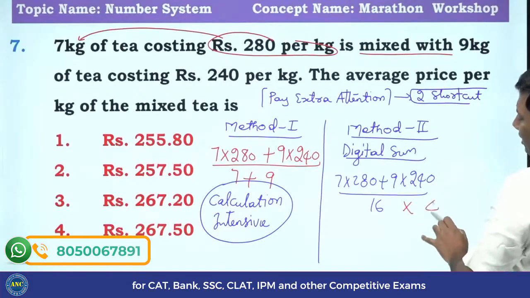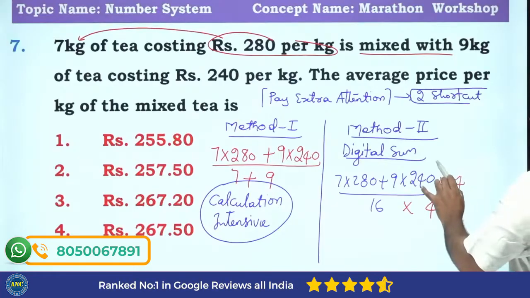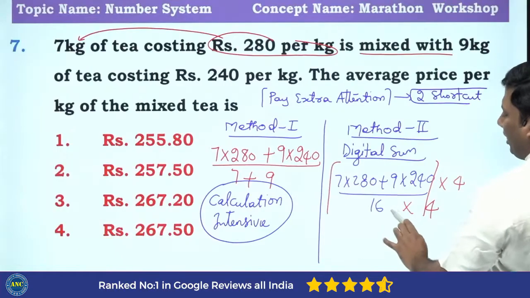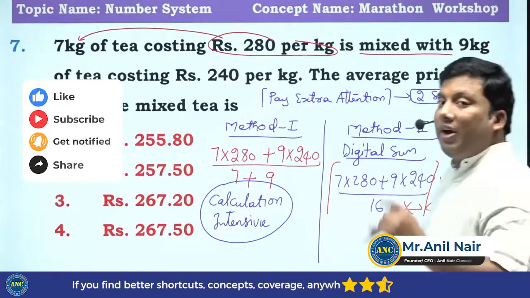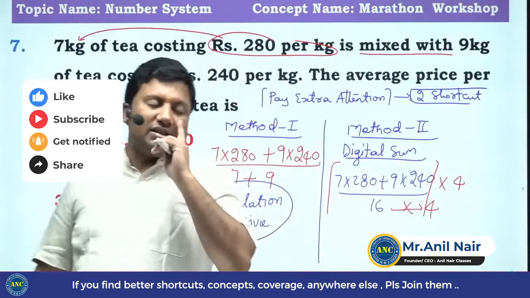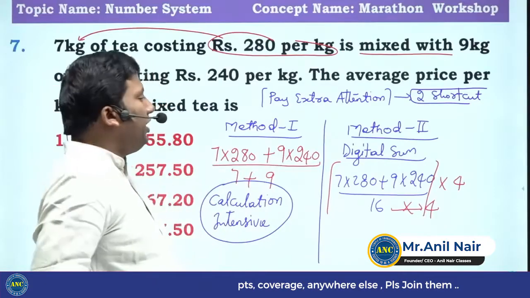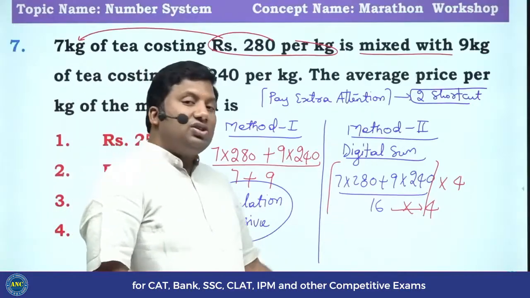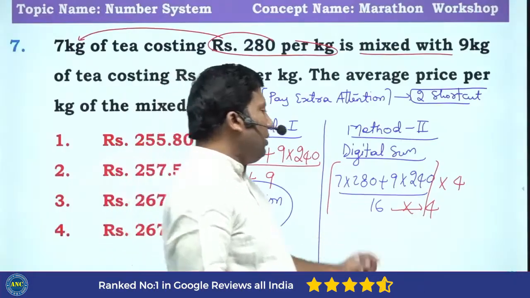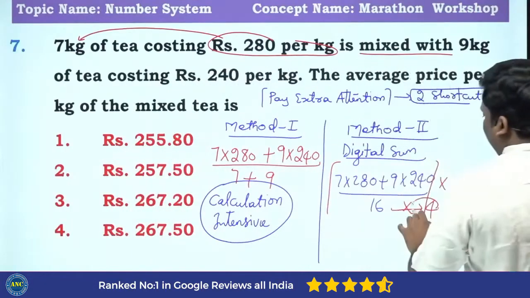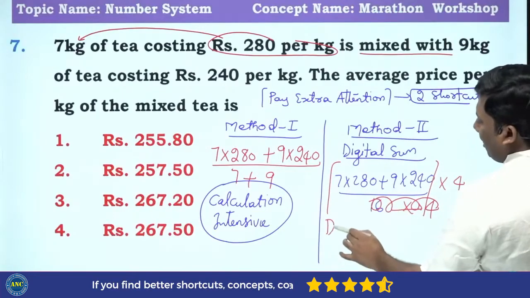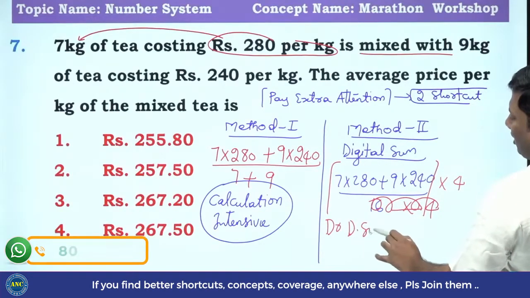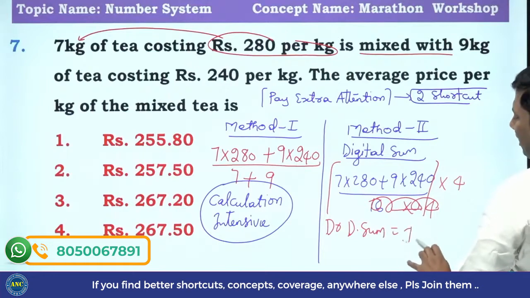If the denominator digital sum is 7, multiply the numerator and denominator by 4, because we have to make the denominator digital sum 1. 7 4s are 28. Denominator digital sum became 1.